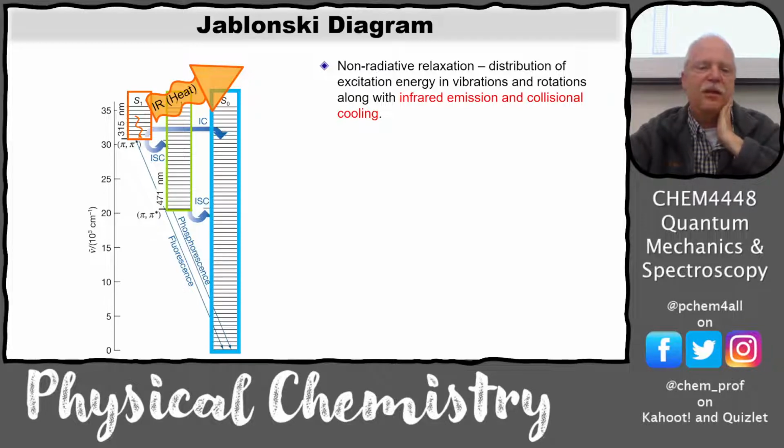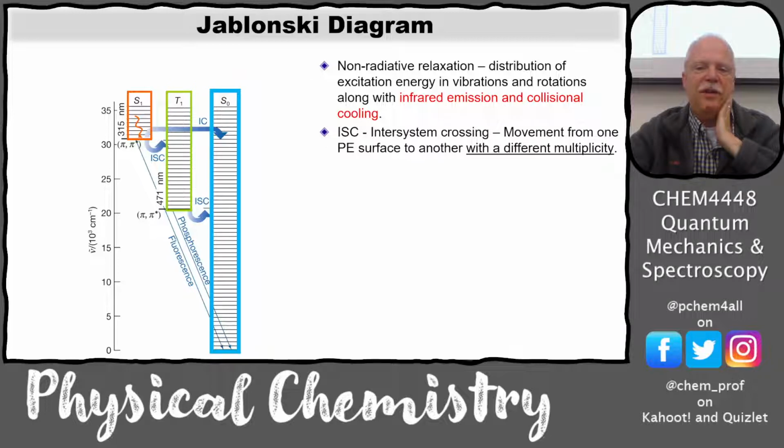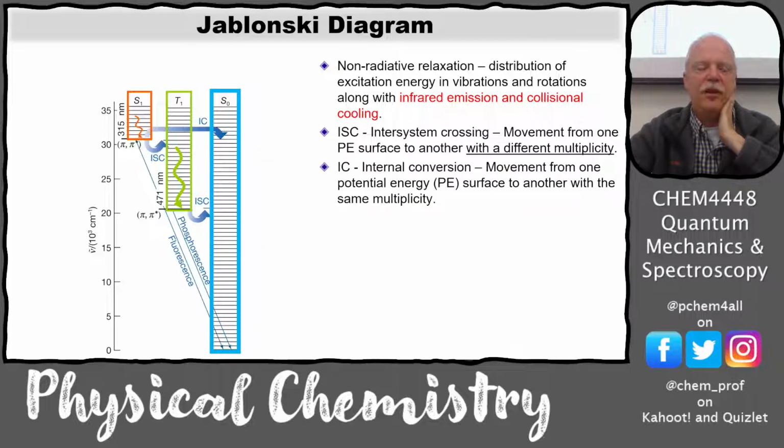Infrared emission, collisional cooling, and so on. None of that stuff is in the visible region, so we call it non-radiative. They could have intersystem crossing over to a triplet state. Changes in multiplicity, so it's intersystem crossing. We also have non-radiative relaxation. We could do that again and make it all the way to the bottom.